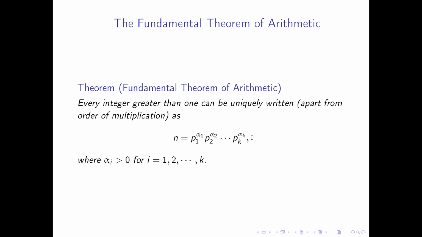The only thing that is unique, outside of the order in which we write the P1, P2, PK, which we can rewrite, is that the powers associated with each number are very, very specific, and that does not change. And they're bigger than or equal to 0 for every one of these things, meaning they're at least one of them. And this is sometimes known as a prime factorization of a number. There is one unique way to do it.